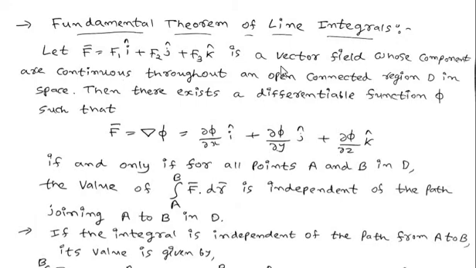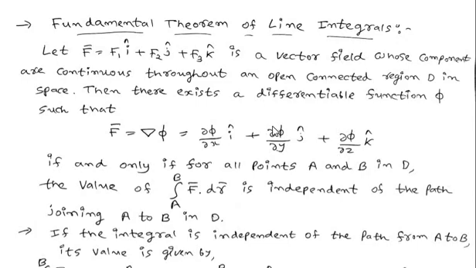What is the fundamental theorem of a line integral? If you find the curl of a given vector field f bar, and if that is 0, then we have one important result, that is f bar equals nabla phi. We have discussed it in the last lecture. So when do we get f bar equals nabla phi?